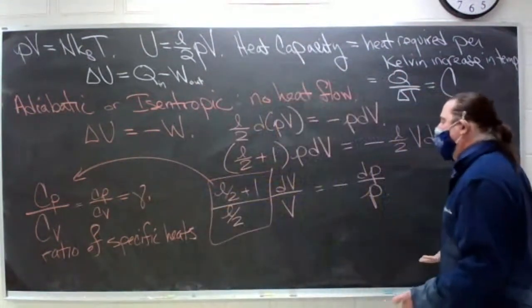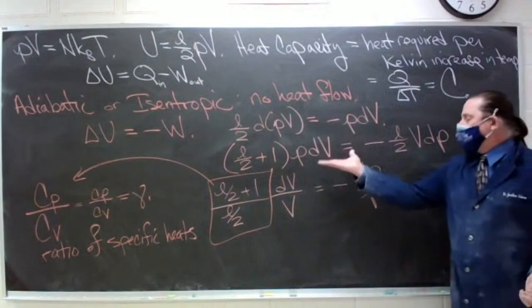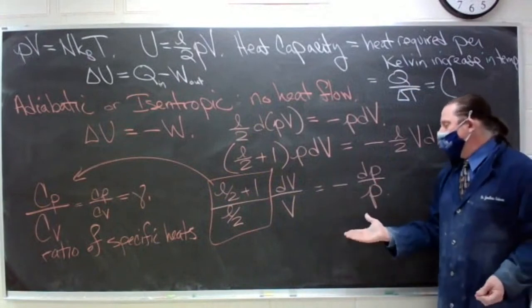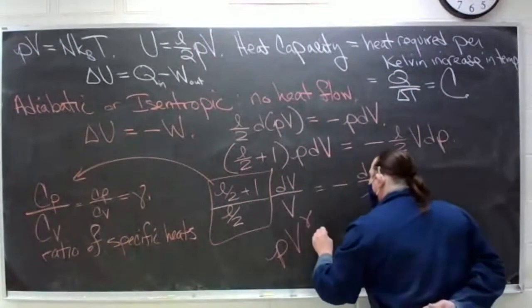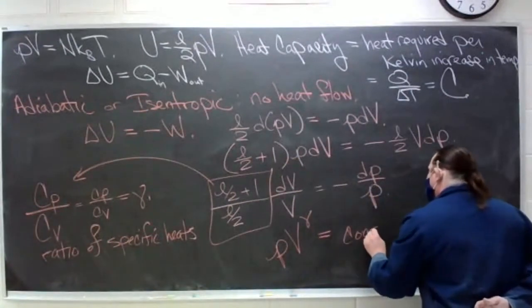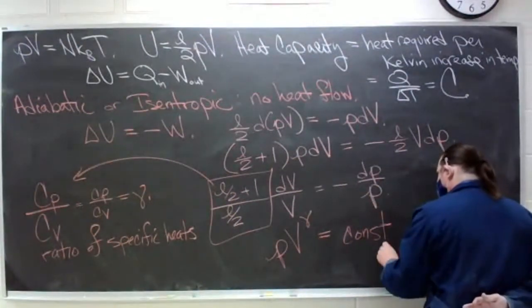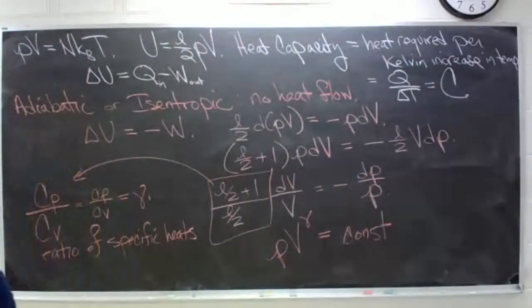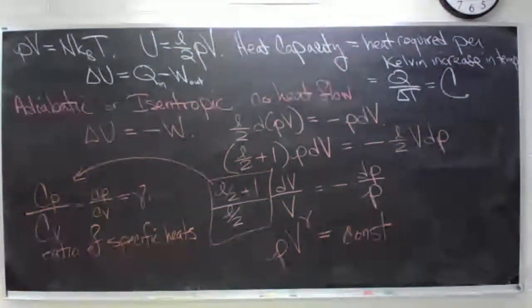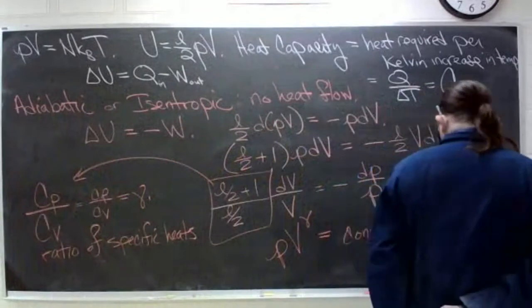So in terms of gamma, now I can integrate this equation and find that an adiabatic process is a process in which PV to the gamma is constant.